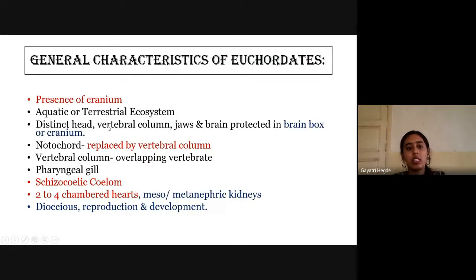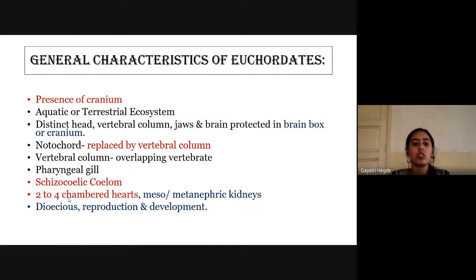Okay, they have distinct head, they have vertebral column in order to protect the spinal cord. Brain is protected in a brain box which is called cranium. Notochord is replaced by the vertebral column. They have gills, or they also have lungs for respiration, depending on the animals.